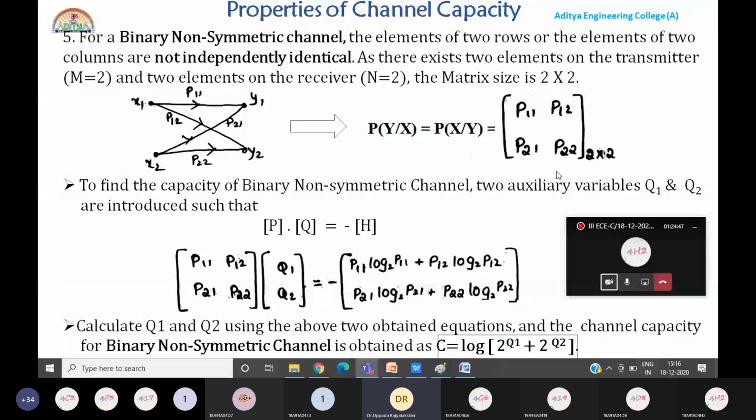But here, in the case of the binary non-symmetric channel, two auxiliary variables Q1 and Q2 are introduced such that the product of the P matrix and the Q matrix is minus H. P is the probability matrix and the Q matrix is the auxiliary variable matrix, which is a column matrix, and H is the entropy.